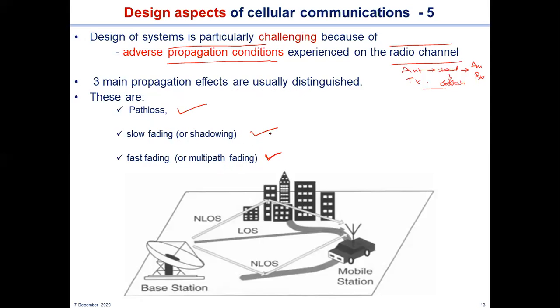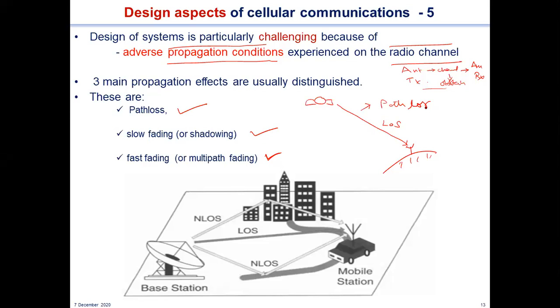Path loss: suppose this is satellite communication, and on the surface some person is there. If there is no obstacle, this is a direct line of sight communication. Even then I will have a path loss.